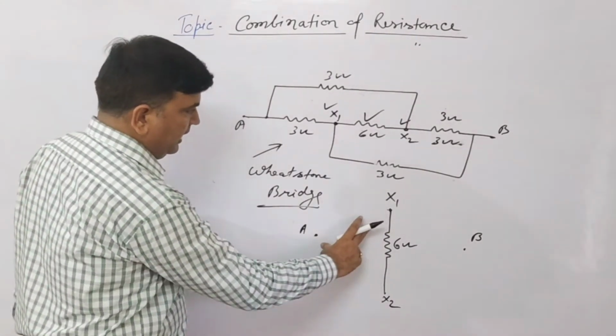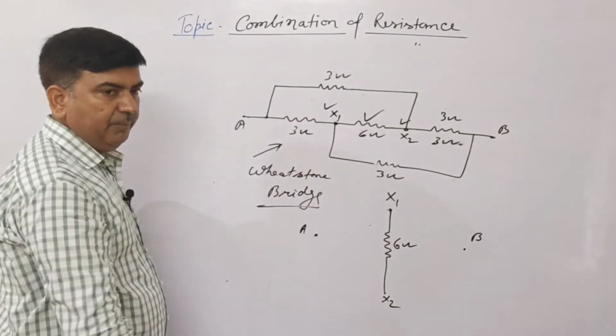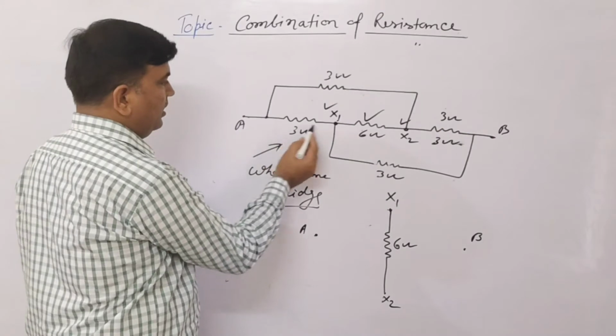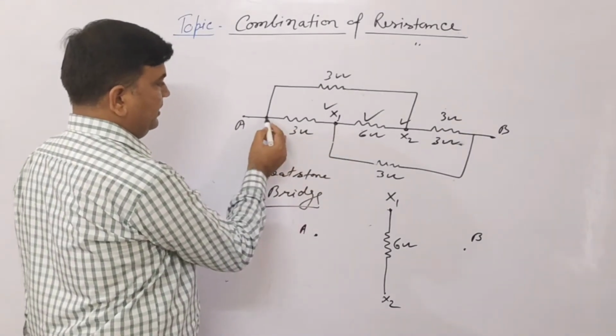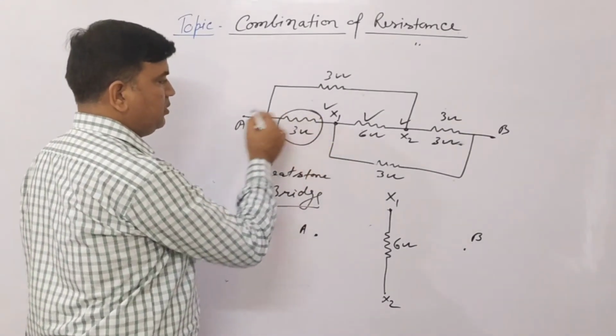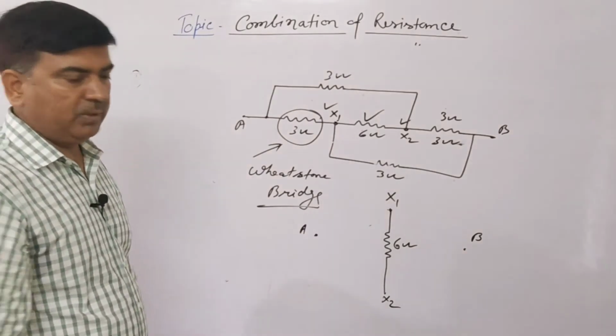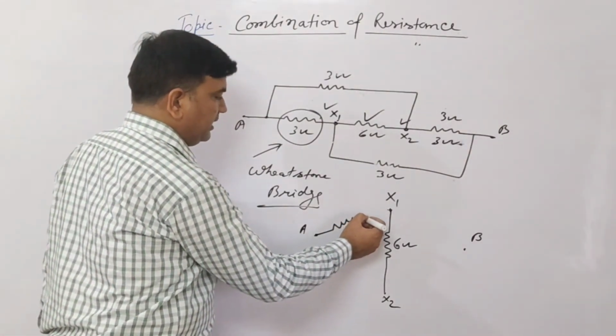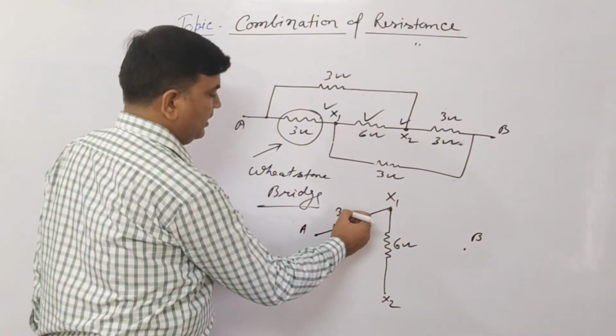You see here and search in this given circuit diagram. This resistance is joined directly between the points A and X1. So now we have to join the 3 ohm resistance between the points A and X1.